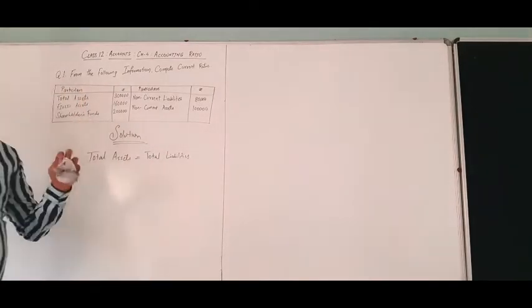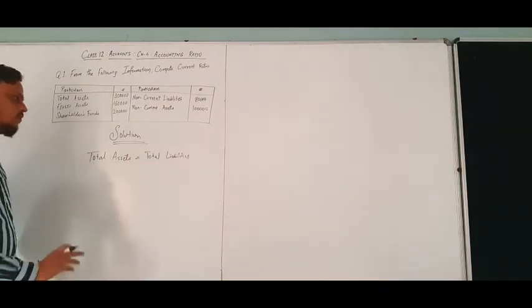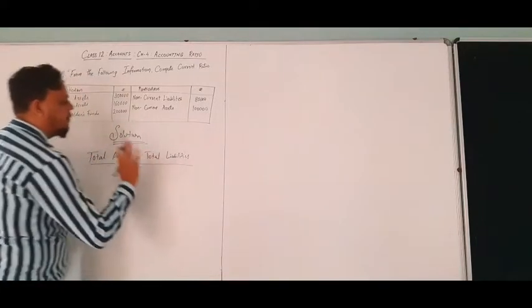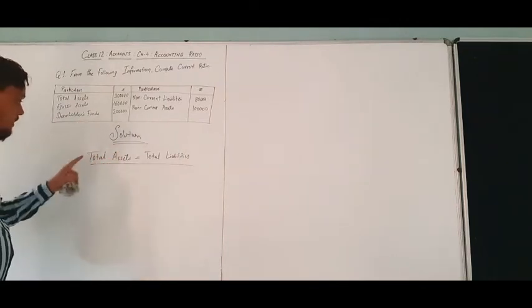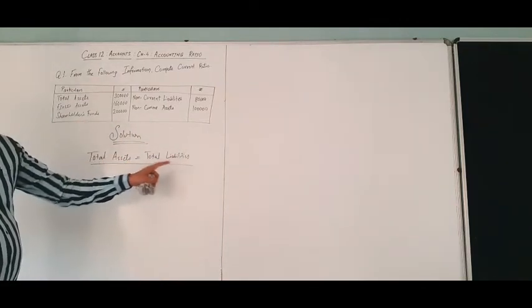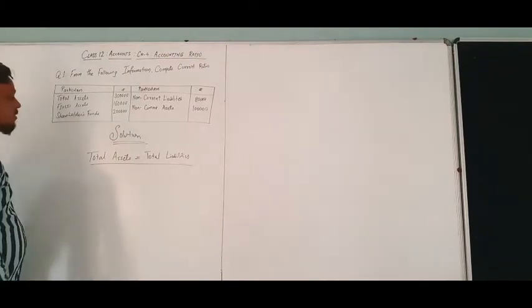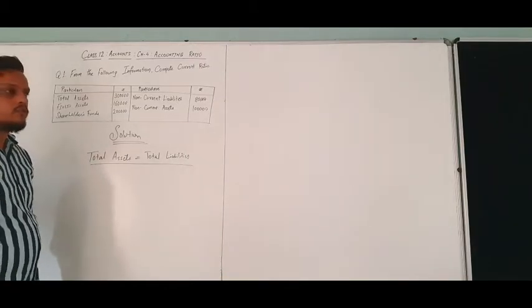It should be very clear because here we don't have total liabilities, but we have total assets. So be careful with this. If total assets is given, then total liability will be the same. But if total liability is given and total assets is missing, then total liability is equal to total assets. Be careful with these terms, because if you miss the small things, it will be a disaster for you.